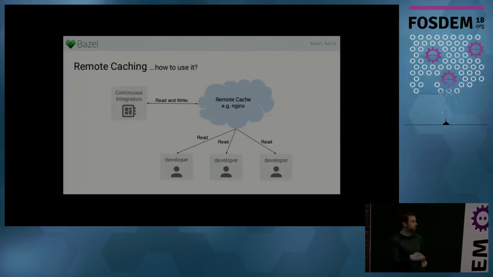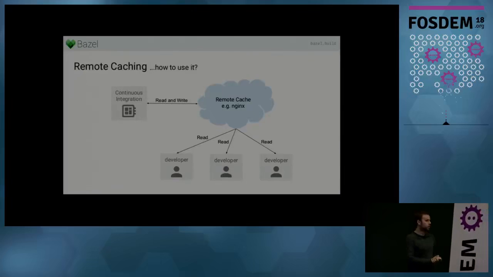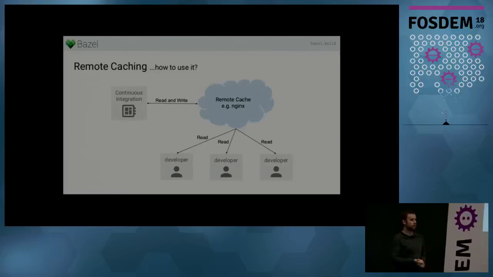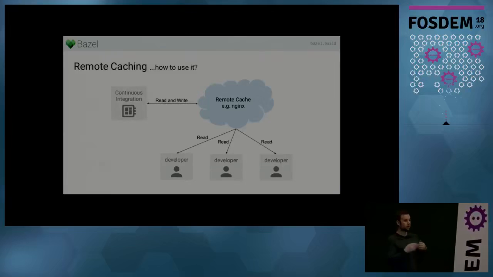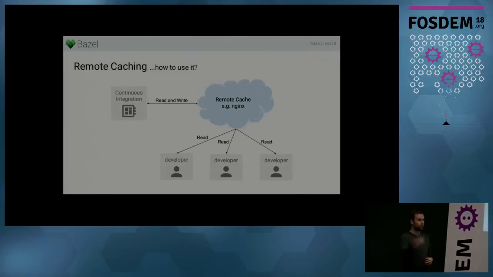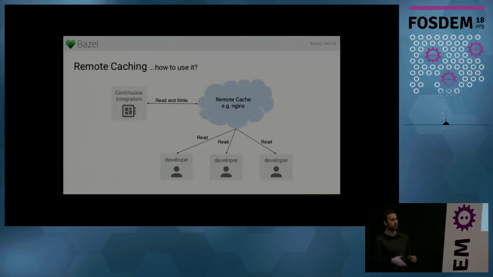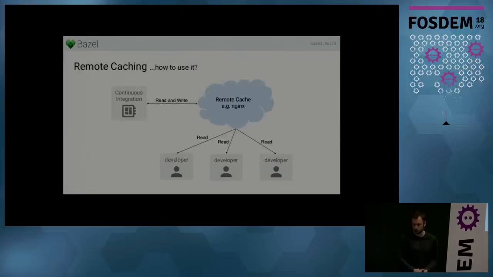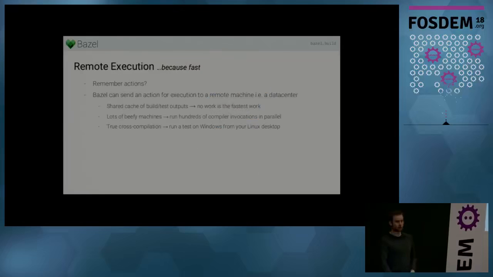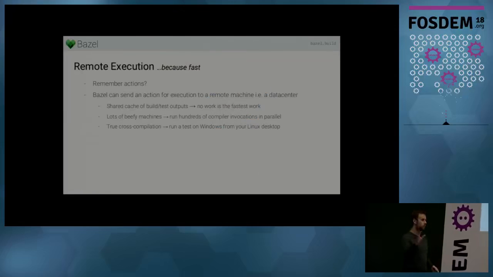And so developers then typically just read from this cache, and here the classic scenario would be a developer comes in the morning, syncs, does a git pull, syncs his master branch to the latest commit, but the CI system has already built everything, so he doesn't really need to rebuild that, but can just fetch the outputs from the master branch. And so that's remote caching. So remote caching, you build locally, you share remotely.